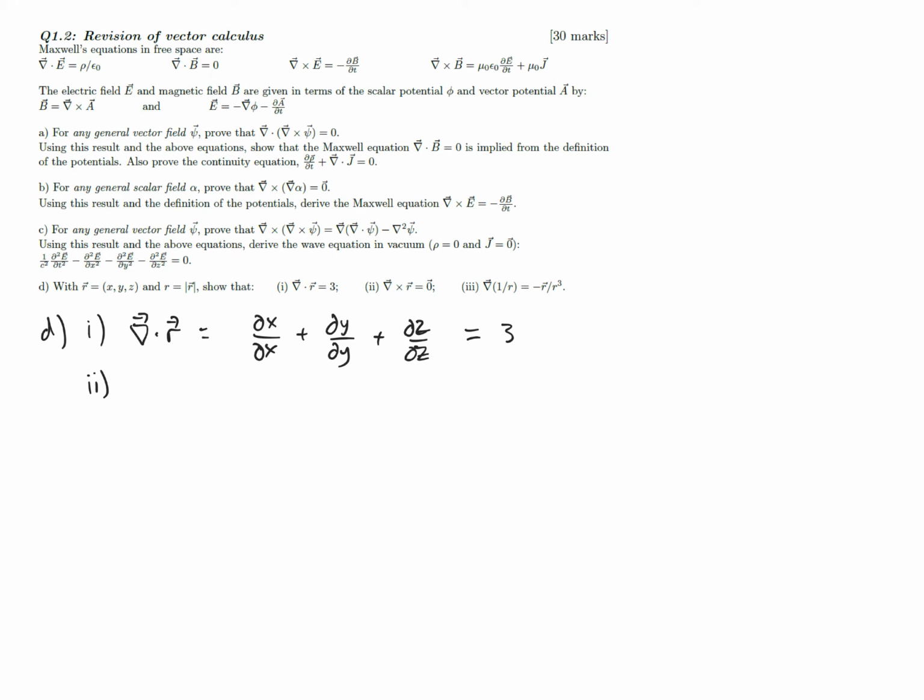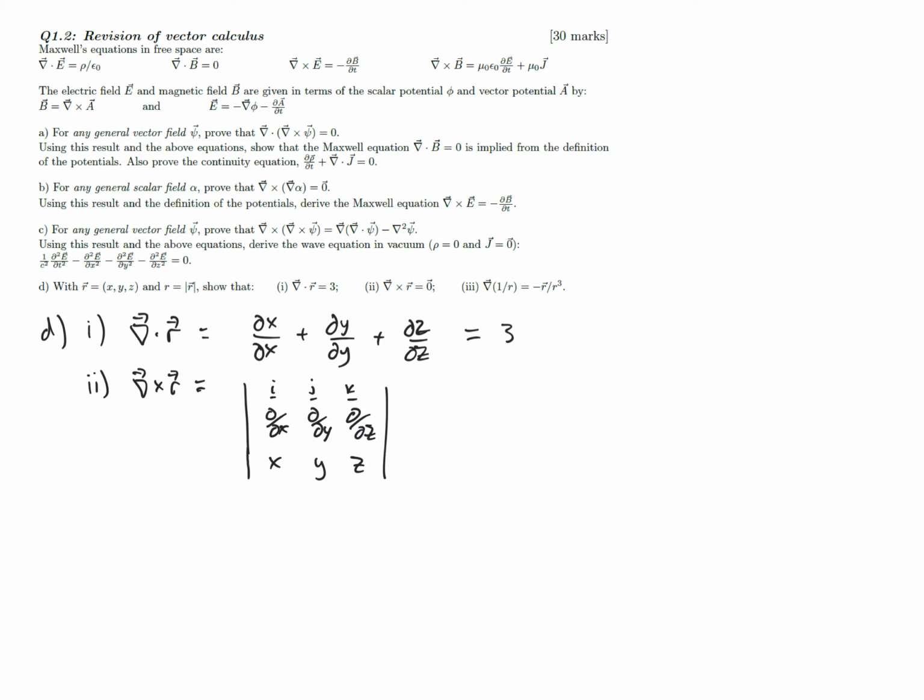Okay, one-line proof. What about the curl of r being equal to 0? Okay, this takes a tiny bit more work. I should, as usual, write the curl as a determinant where, oops, that's wrong, where I have the differential operator as the first vector, d by dx, d by dy, d by dz, and then we have the actual vector x, y, z in there.